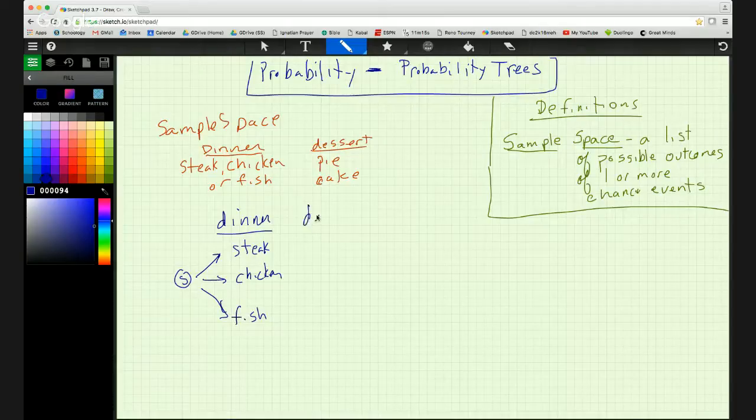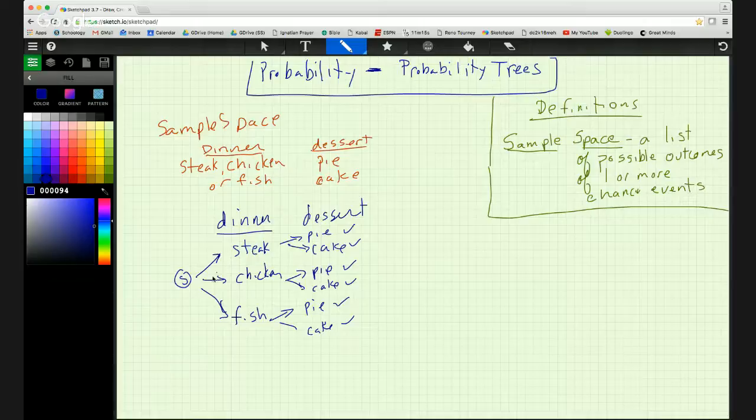And then for dessert, if I get steak, I still can have pie or cake. If I have chicken, I can have pie or cake. And if I have fish, I can have pie or cake. So my sample space, I have 1, 2, 3, 4, 5, 6 things in my sample space.